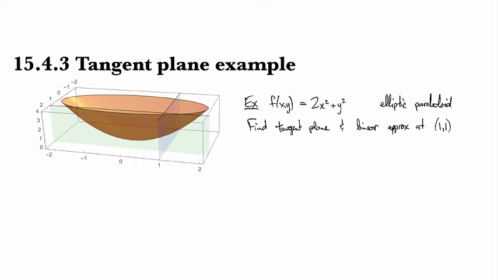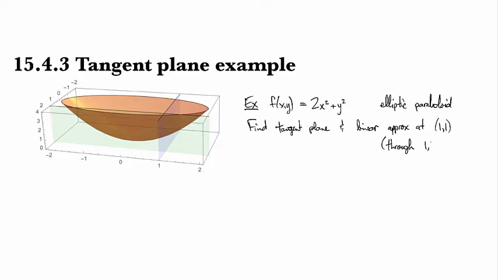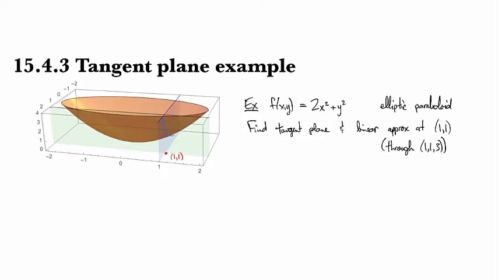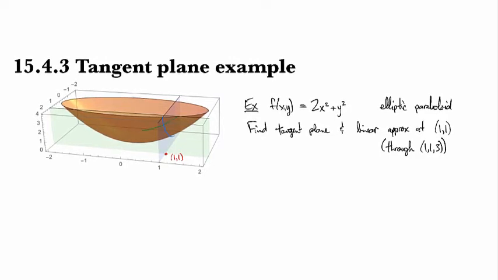So since this is going to be on the graph, we're going to be looking for the plane that passes through 1, 1, 3, because that's the height at the location 1, 1. So here is 1, 1, and then up above it, we've got a trace coming through one direction like that, and a trace coming through the other direction like that.